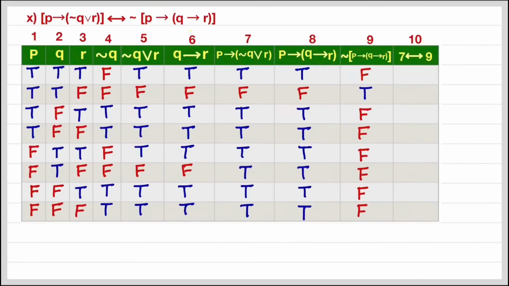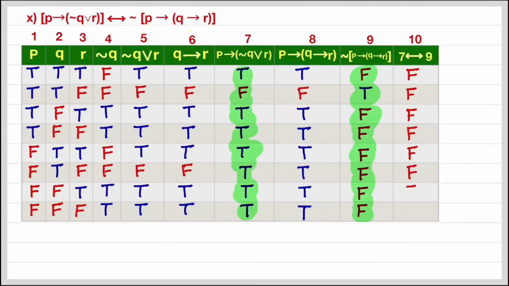Now we have to take the double implication of column number 7 and column number 9. Double implication of these two statement patterns. And we know double implication is true when both the statements have the same truth value. But in these two columns, all the entries are different. Therefore, the double implication is always false. Now observe column number 10.